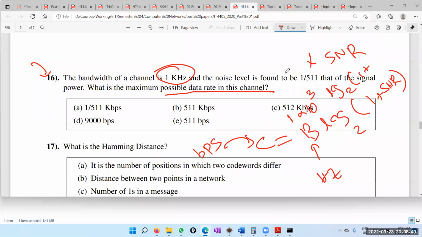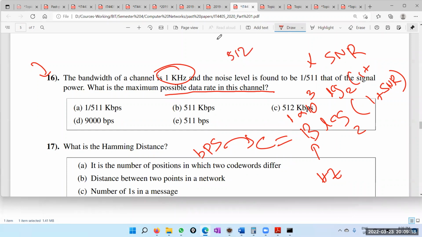1 plus. Now they have given you that, but they have not given you the exact SNR ratio. What they say is the noise level is found to be 1 over 511 times that of the signal power. What is the meaning of that? Signal to noise ratio is 512.